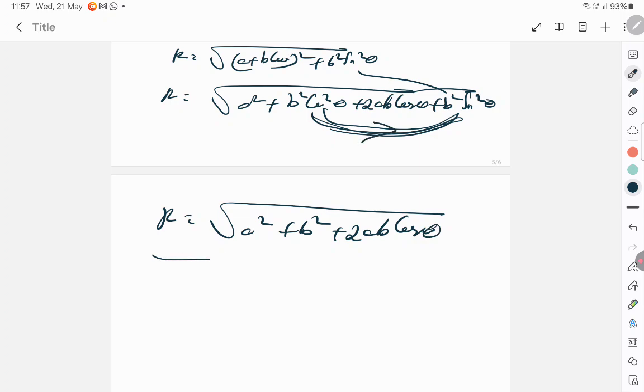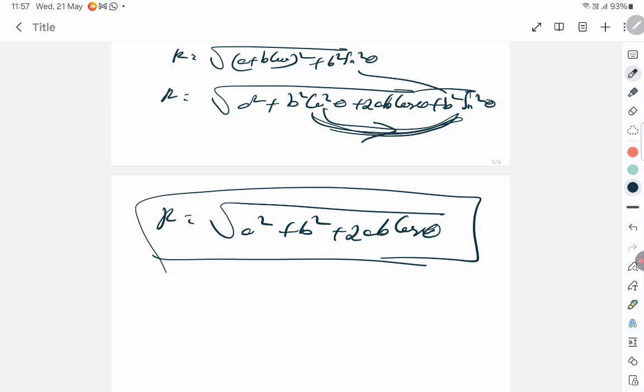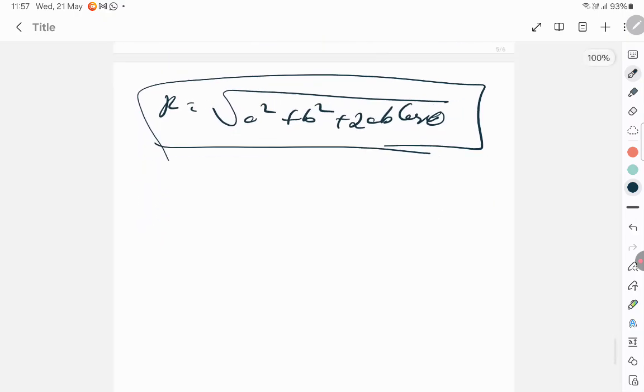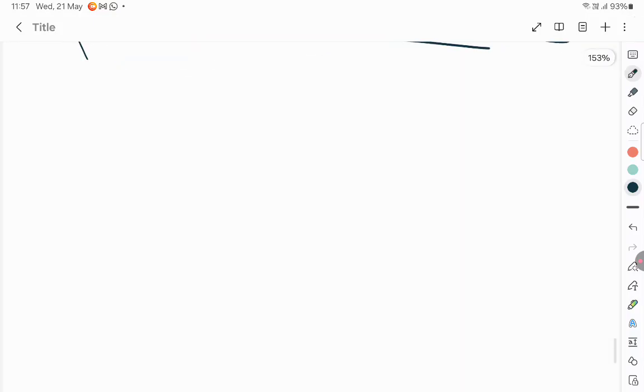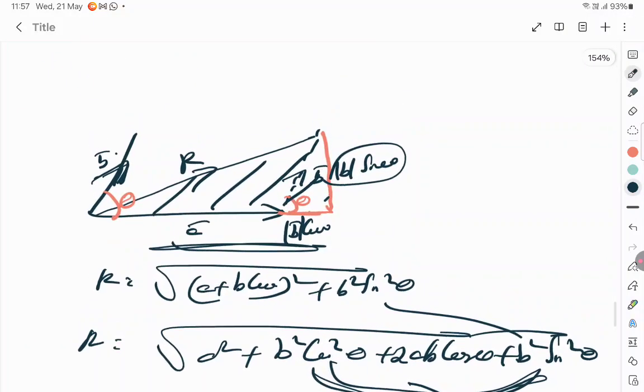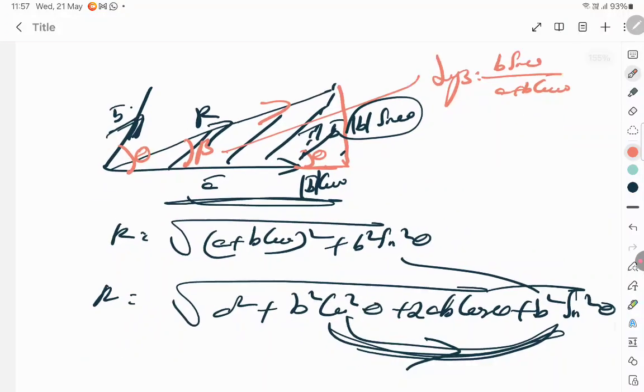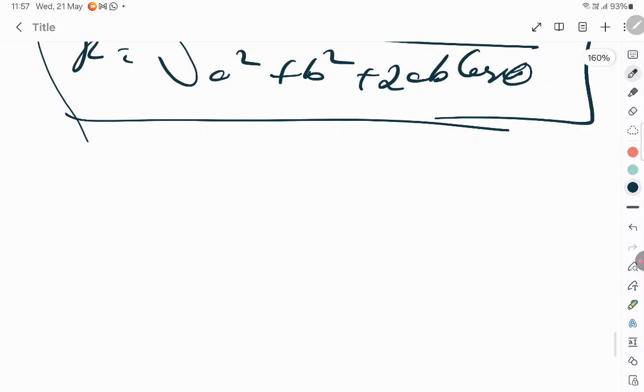So this is the formula with a plus symbol for the resultant through parallelogram law. Okay, you must be clear till here. You can play it again and again. Supposing this angle is beta, the direction that the resultant makes with the first vector, you can write tan beta to be B sin theta by A plus B cos theta, opposite by adjacent merely. Okay, so that's about the parallelogram law.